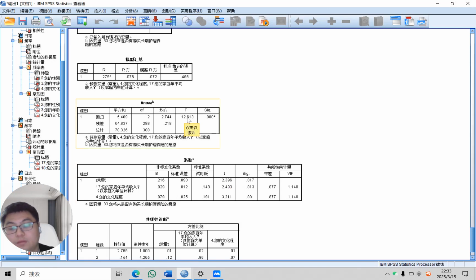From the F test in this table, the model is significant. Then from this table, the t-tests for the variables are all less than 0.05, therefore they are all significant.